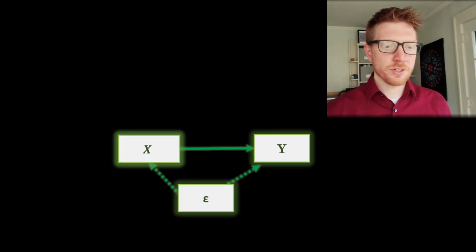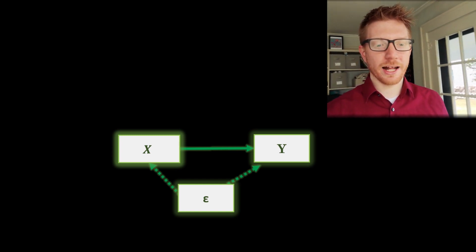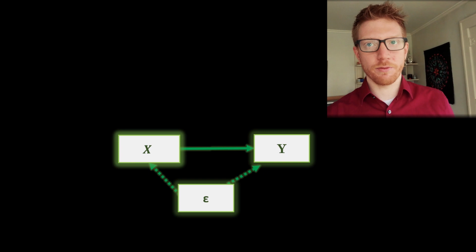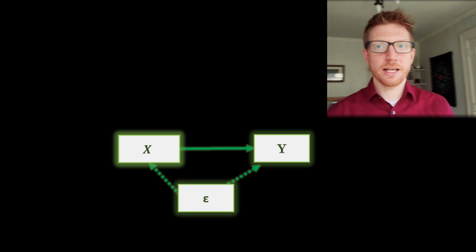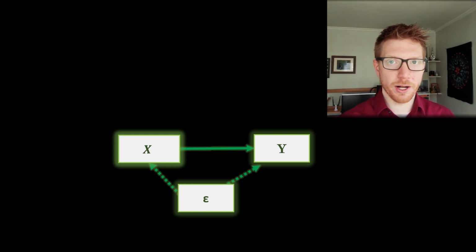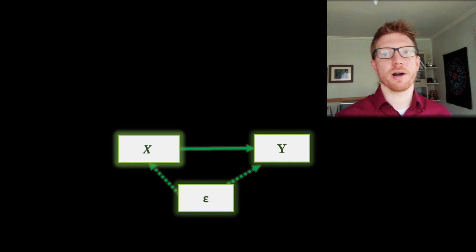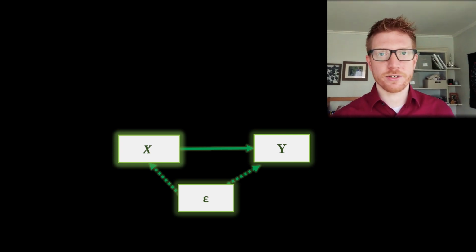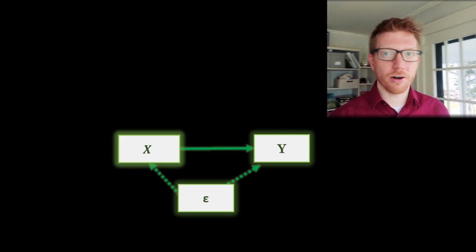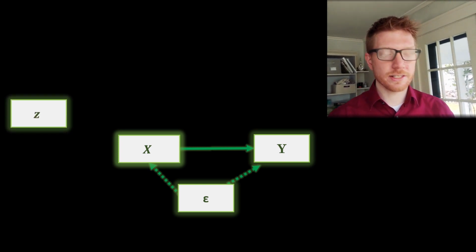So if you remember, our diagram that we had been working with was we had x, our independent variable, impacting our dependent variable y. But we also were worried that there were some endogeneity problems, where other factors that influence y also impact our variable of interest x.